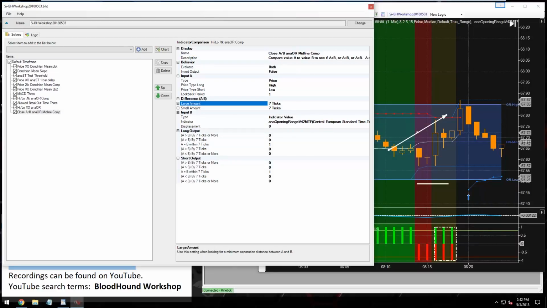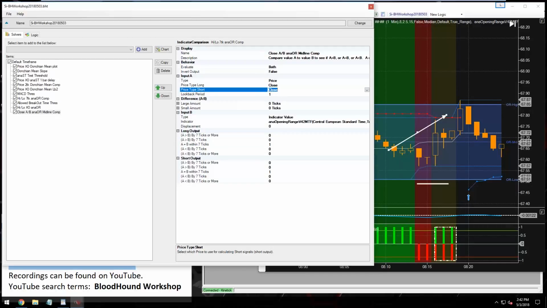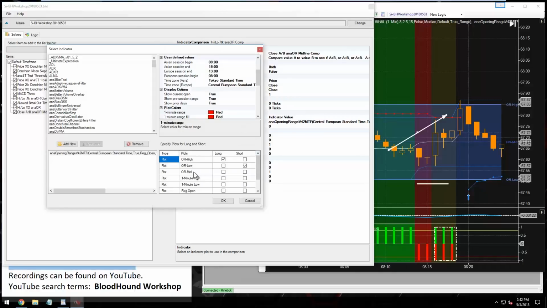Okay, so let's clear out the 7 tick here. A 0. This gets set to the closing price. And now for the opening range indicator, we want to compare the midline. Yeah, so we want to select the midline plot there.